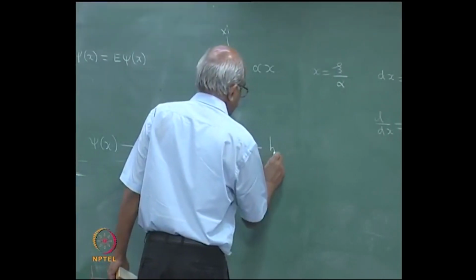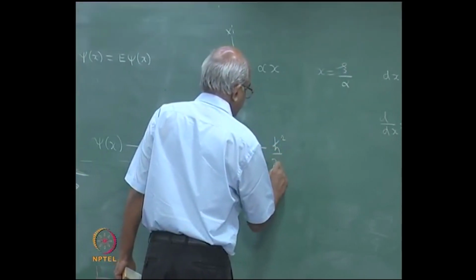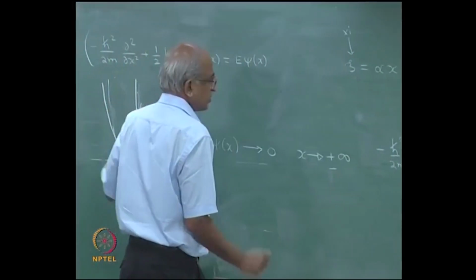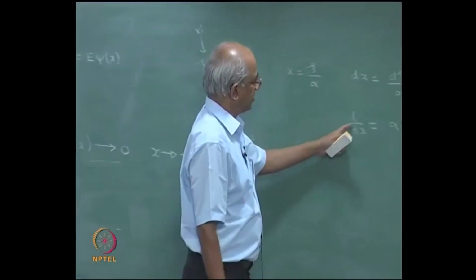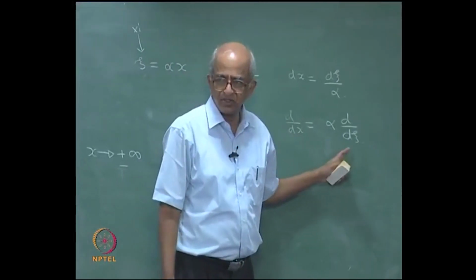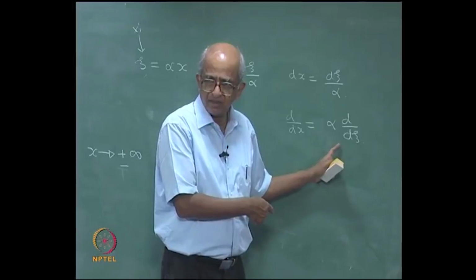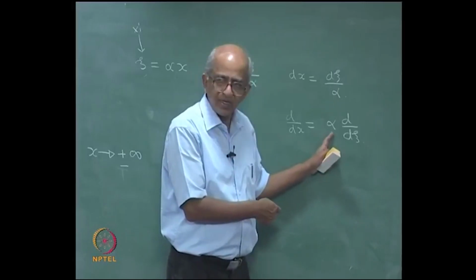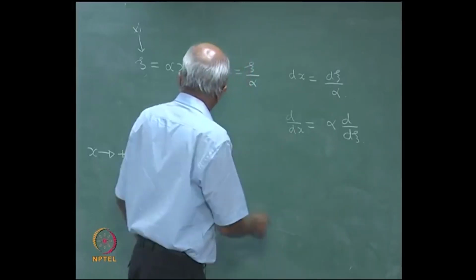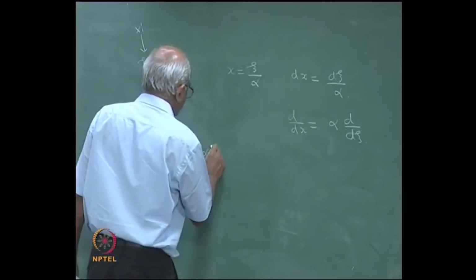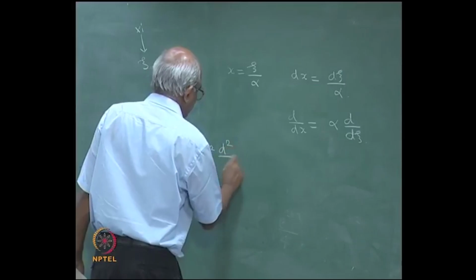If I use that in here, what will happen? My h minus h cross square upon 2m, I have second derivative with respect to x. Here this is actually the first derivative, but it is very easy to calculate the second derivative from here, because alpha is just a constant. So, therefore, what will happen is that d square upon dx square will be nothing but alpha square d square upon d xi square.